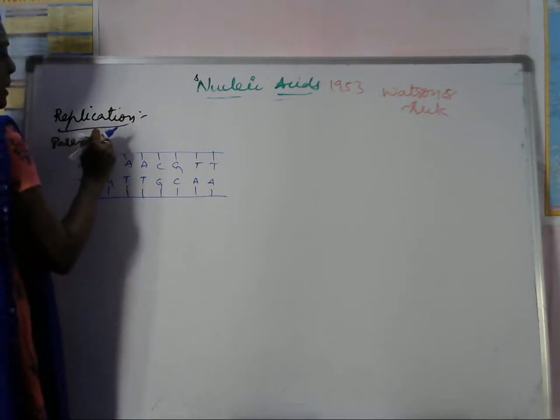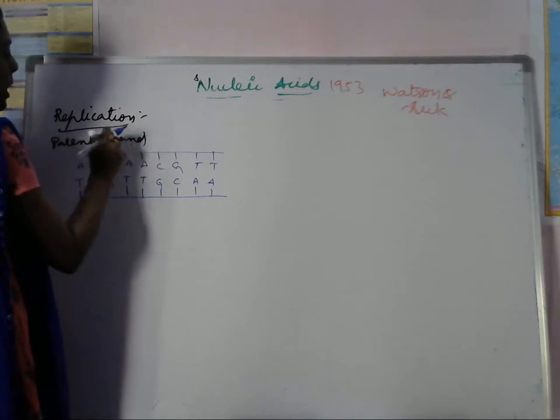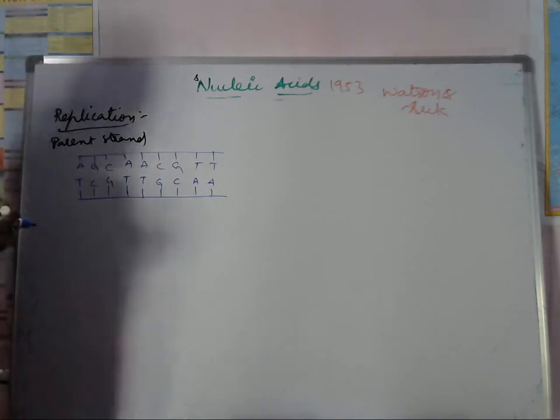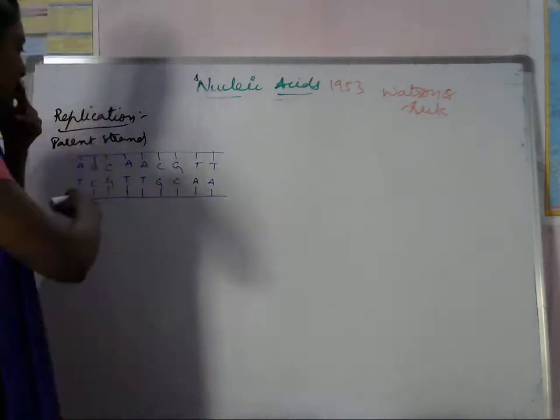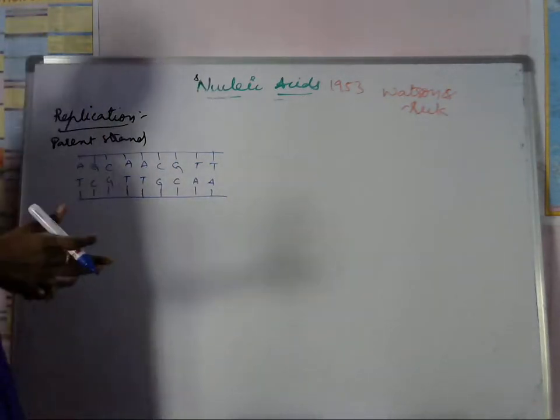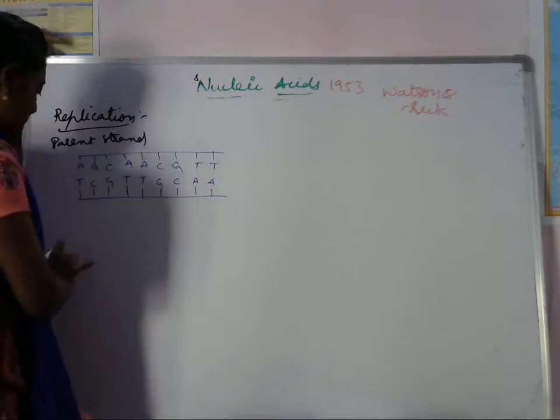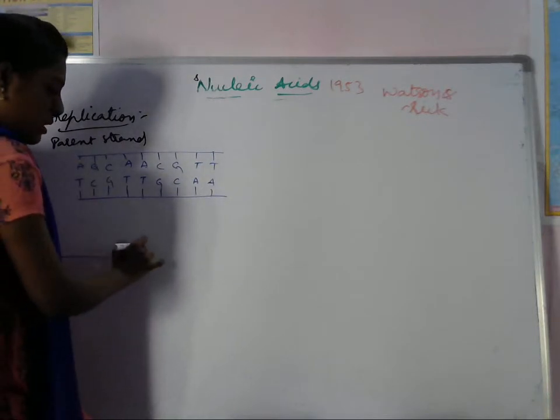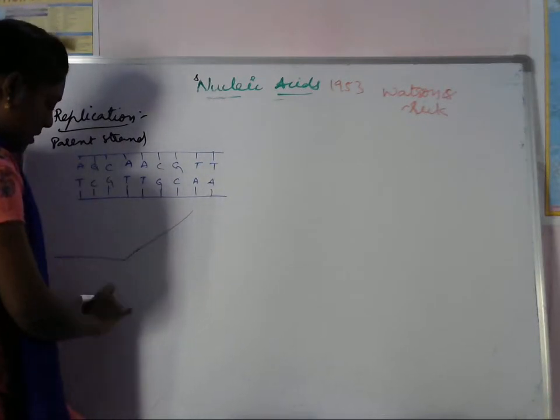From the parent strand, identical copies of the daughter strand will be produced. Okay, not identical as it is, so it randomly produces this. So let's see. These are split like this.